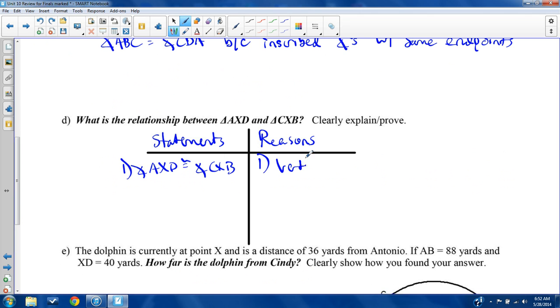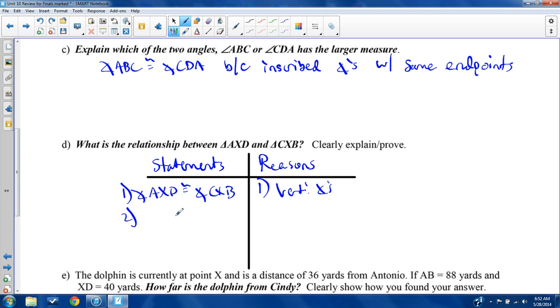Vertical angles. Number two, up here, ABC is congruent to CDA because they're inscribed angles with the same endpoints. I'm just going to put inscribed angles, and hopefully you know what I mean when I put that.